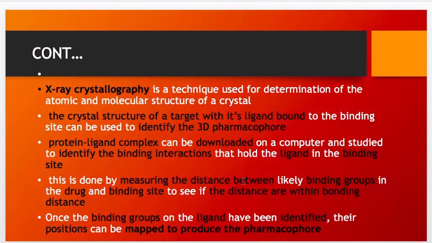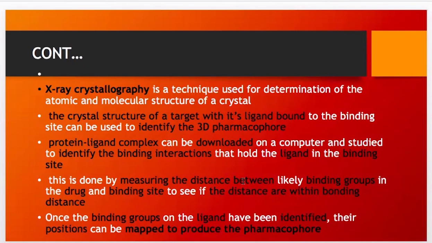I've already mentioned that this protein-ligand complex can be downloaded on your computer. Once you download it, you are able to study which part of your ligand is interacting with the protein, which bonds are interacting, what interactions are there.